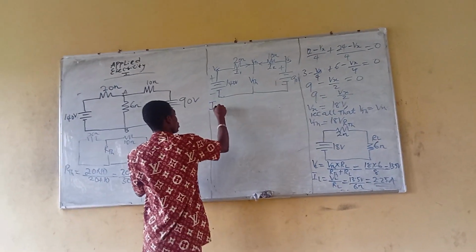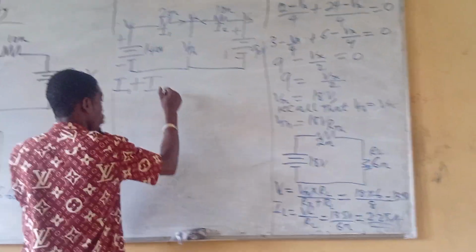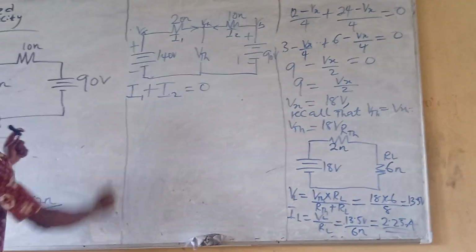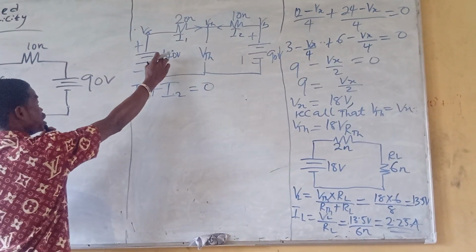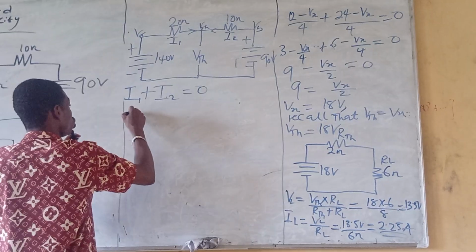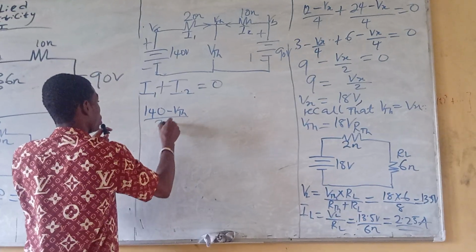Since they are flowing into the node, you add up the currents. I1 plus I2 equals 0. Your I1 is this voltage minus this voltage divided by this resistance, so that's 140 minus VTH divided by 20.